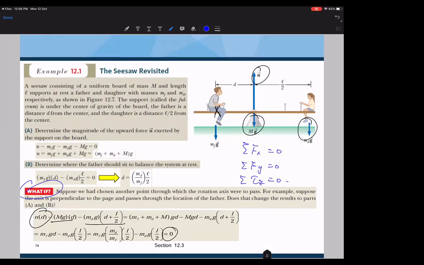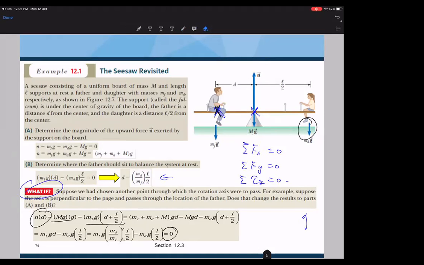It could be around the fulcrum, it could be around the father. So rather than considering the rotation about the fulcrum, here we consider the rotation about the father, and we try to calculate the net torque about the father's location. So that is the last part of example 12.1.